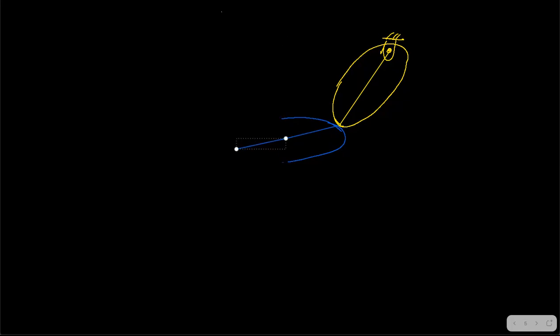This is the entire basis of our gears. If you understand this, it's very easy to understand the complete gear system. Fine. I just drew a line connecting the point of contact as well as the center of the surface, about which it is rotating. So that is the first thing which we did.